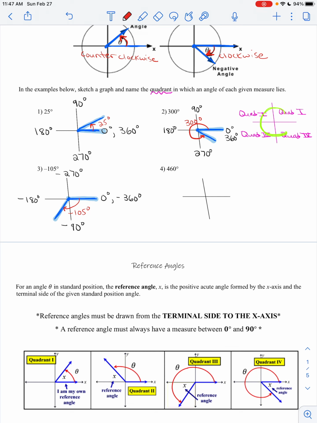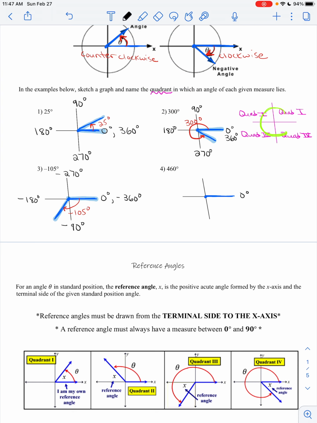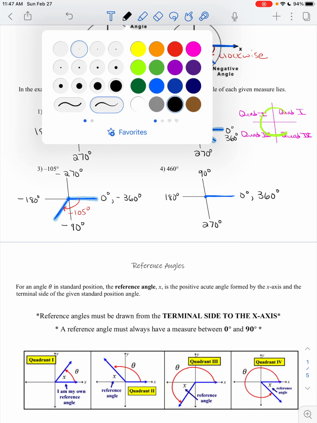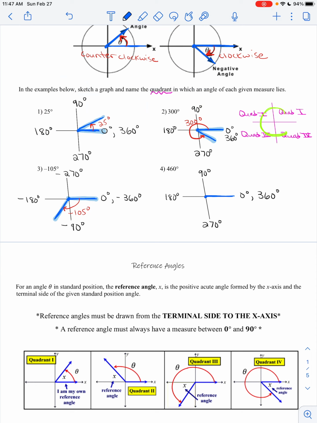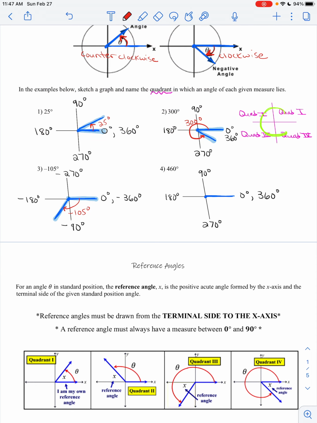Okay, now let's try the last one. So my vertex is 0, 0. Here's my initial side. If I wanted to label my angles, I could: 0, 90, 180, 270, 360. Okay. So now, because 460 is more than 360, I know that I'm going to have to go around more than one time.